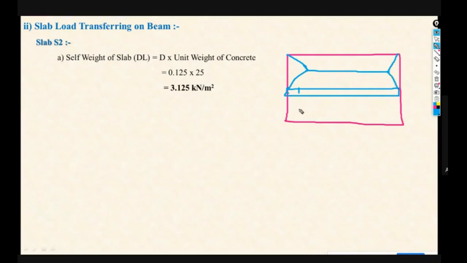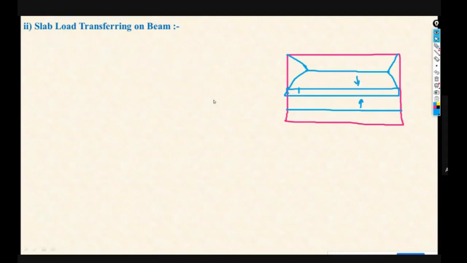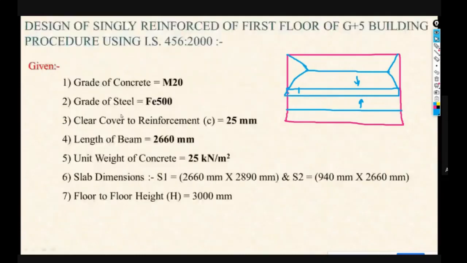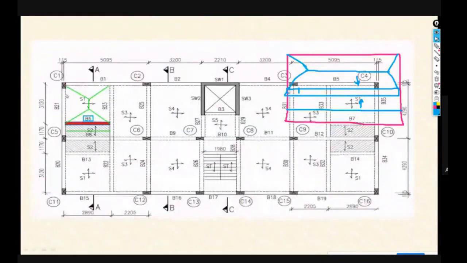I think these are one-way slabs and trapezoidal loading is there. We will cross check it.